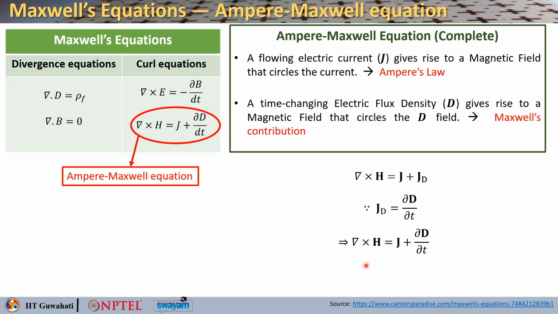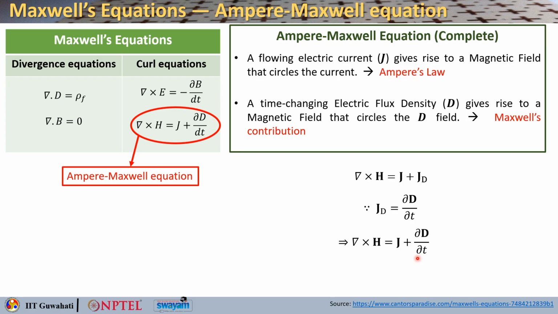So, what is happening? Once again, if you take the divergence on both sides, you will have divergence of curl of H, that is 0. Divergence of J is basically giving you minus dou rho dot T, and then divergence of D will give you rho.